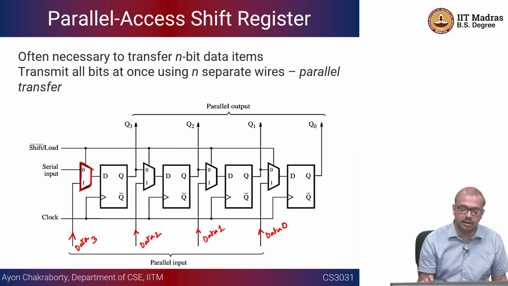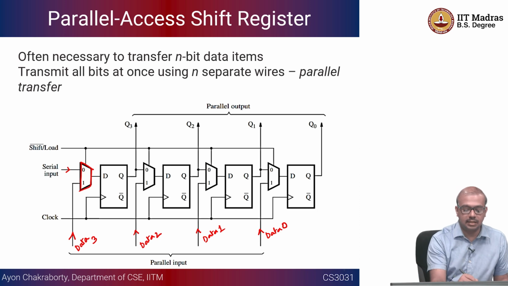So in this particular system, we have a facility of both serial as well as parallel. So if it is serial, the data is going to be pushed from the left hand side and it is going to propagate and so on, right? And this is chosen, the multiplexer is chosen whether you want to do a load or a shift, right?